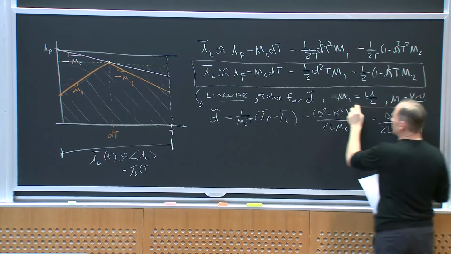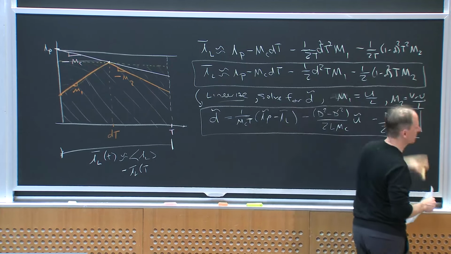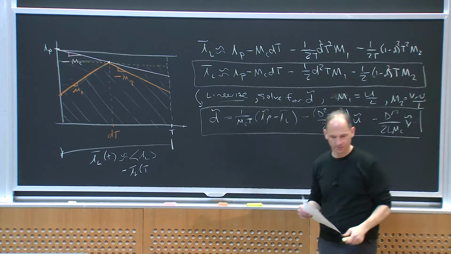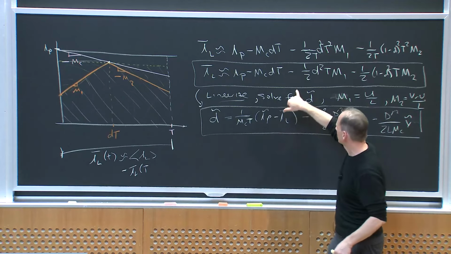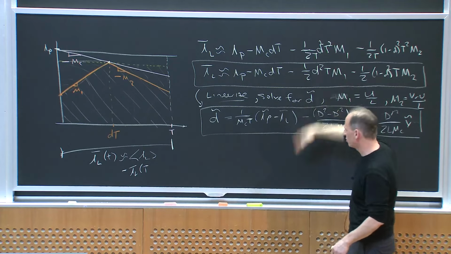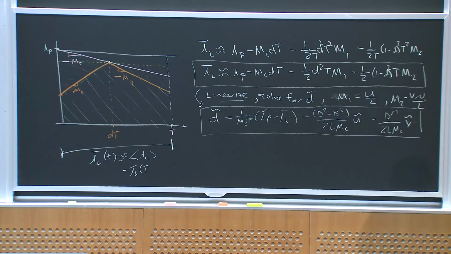So this is a linearized version of this for the boost converter. If you wanted to do a buck boost converter, you'd need different expressions for M1 and M2, and you do the same process and linearize it, you get a different expression. Any questions about that?